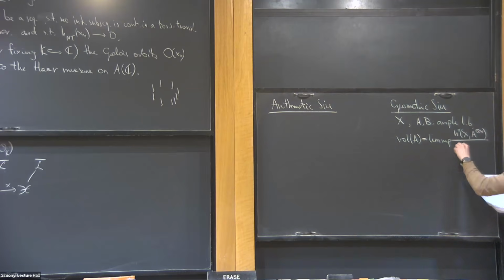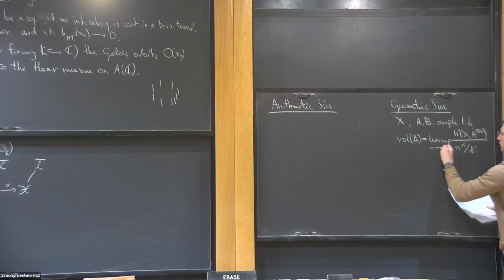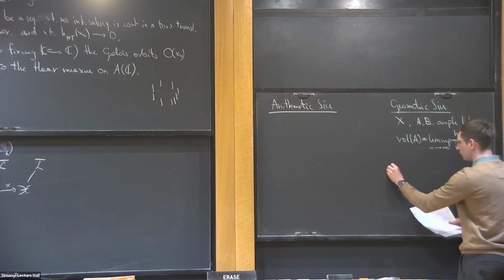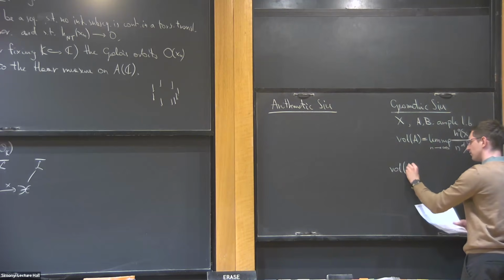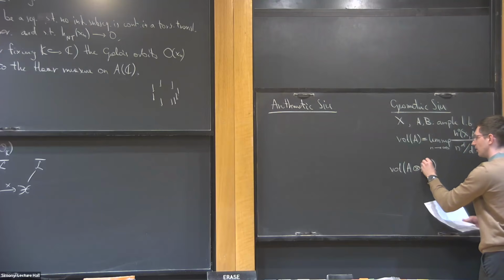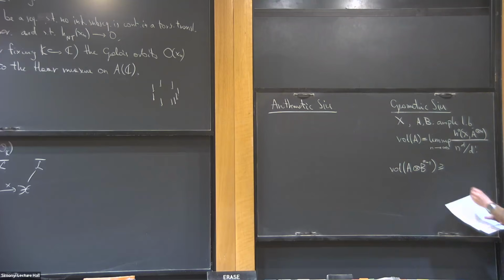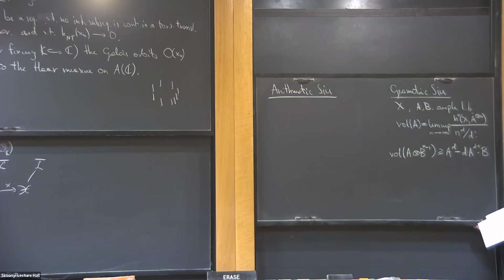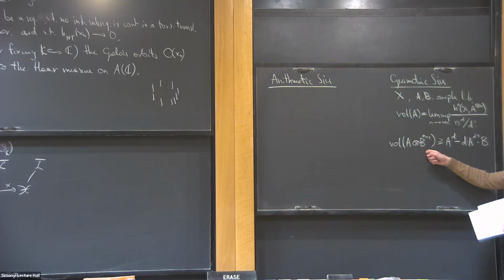So I take n to the d, where d is the dimension of X, divided by d factorial, as n goes to infinity. And then the SU inequality, in this language, says that the volume of A tensor B inverse is bigger or equal than some intersection number, namely A^d minus d times A^(d-1)·B. This is a theorem about sections of line bundles that are differences of two ample ones, or one can also upgrade it to nef divisors.